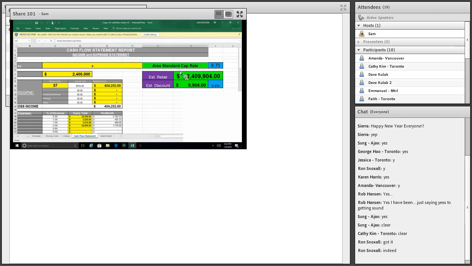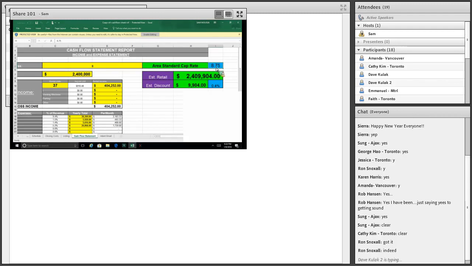So you'll see at the top here, I have something called area standard cap rate. Now, does everybody remember cap rate? Area standard cap rate is more of a retail kind of cap rate in a particular area. Typically in Canada, on average, we're looking at between 3 and 4. So let me enable that.